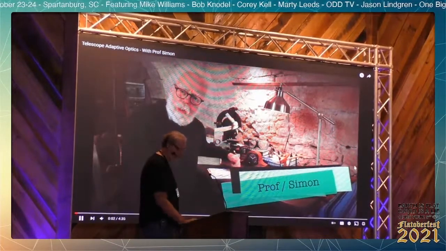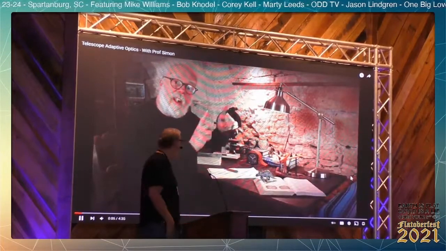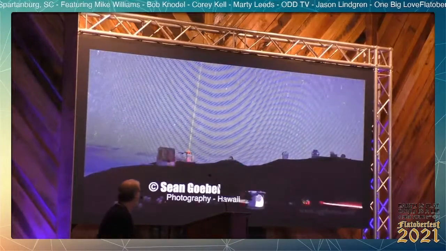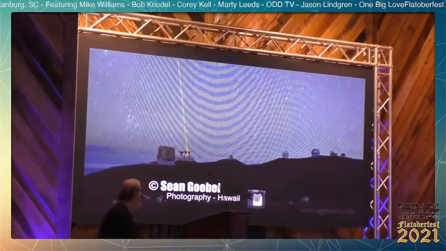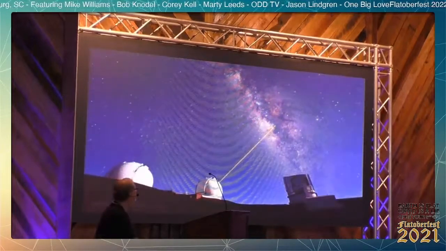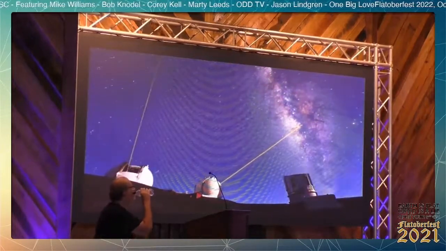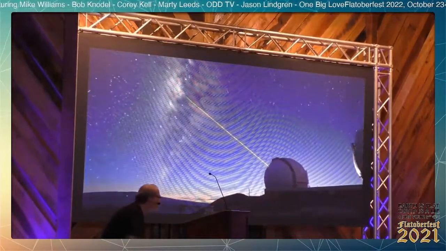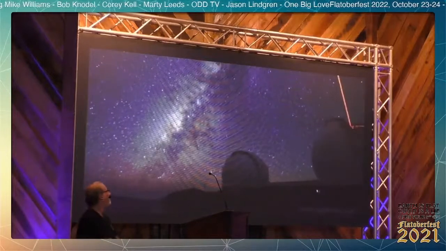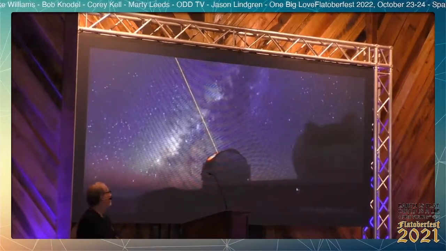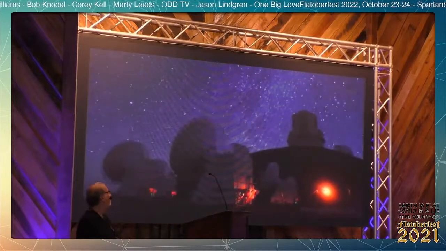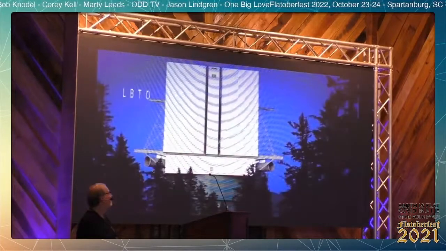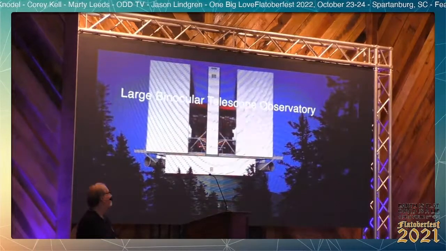If you see a large telescope at night, you'll often see orange laser beams pointing out of the dome. Astronomers have turned to a method called adaptive optics.